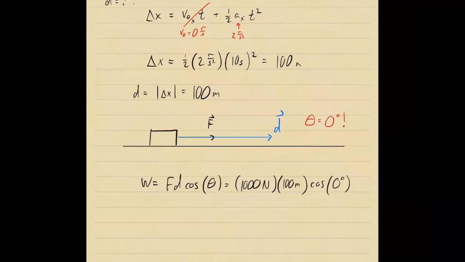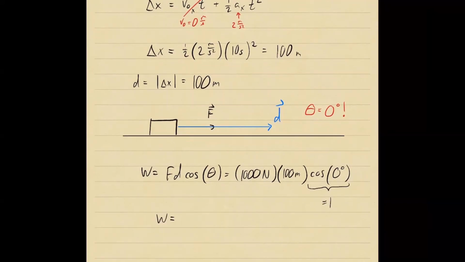The cosine of 0 degrees is just 1. So the work done by this car's engine is 100,000 joules. And that's the answer to our second problem.